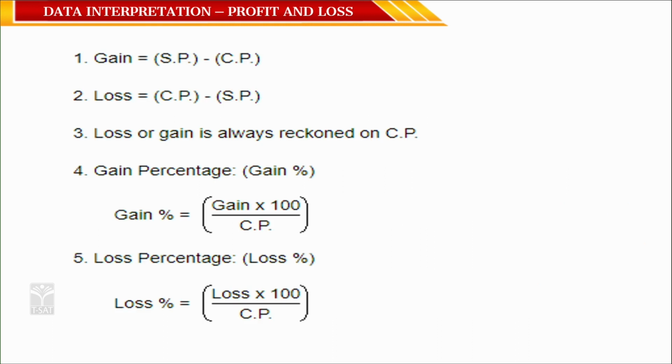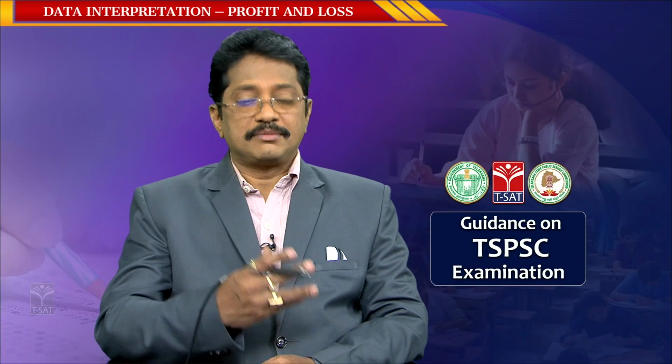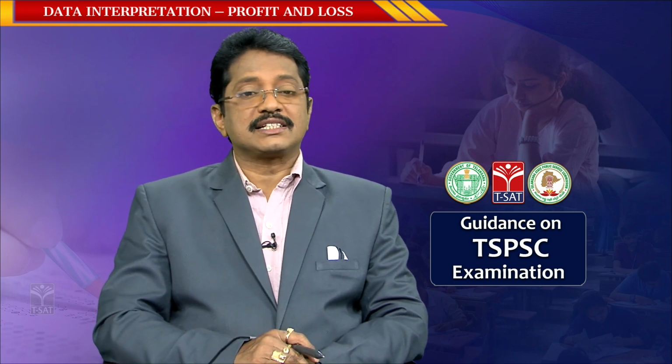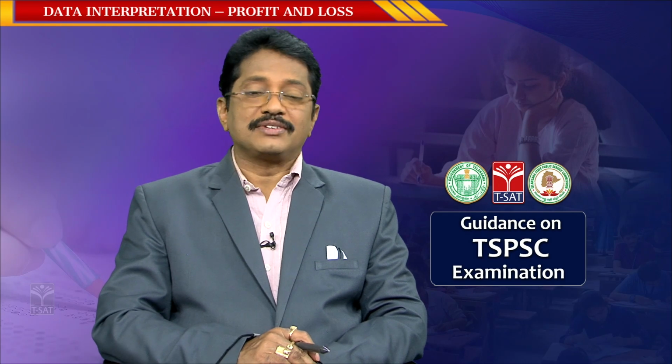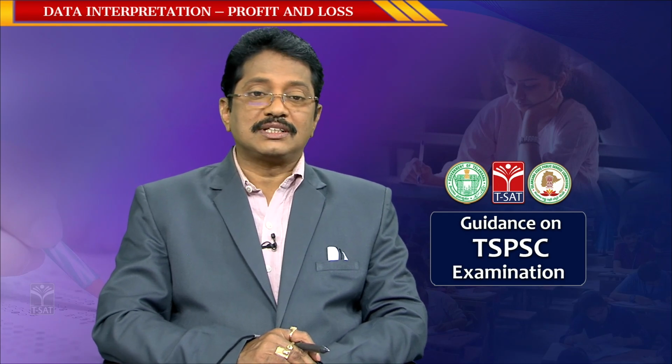Okay. Now, I have framed all the formulas, especially in the profit and loss conceptual area. Nearly 16 to 17 formulas are there. I am giving all these formulas; better to copy them and practice them, then you can solve any kind of question concerned with profit and loss in a very simple manner.